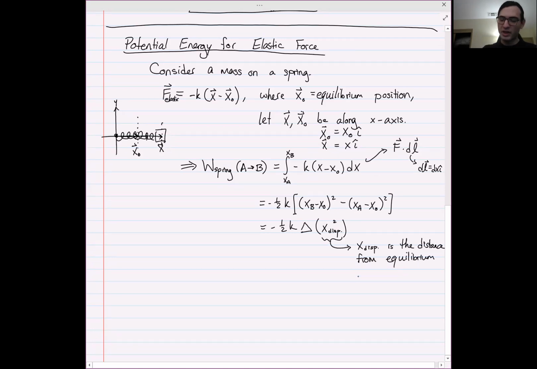Here dis stands for displacement. It's just x minus x naught with absolute values, and then we square it, and then we take the difference. Basically, this is the square of the distance between the final position and equilibrium, the first one I circled, and then you subtract off the square of the difference between the initial position and equilibrium.